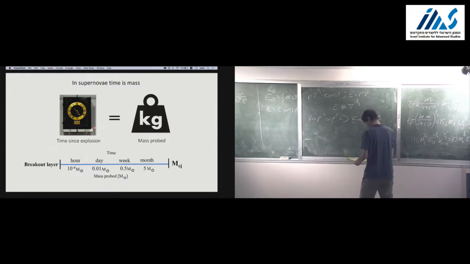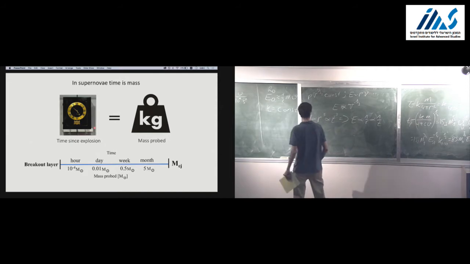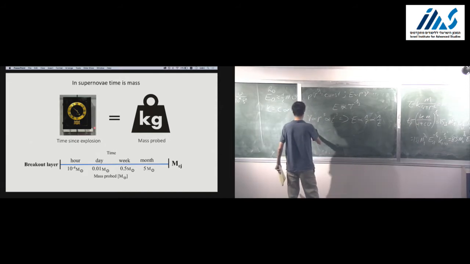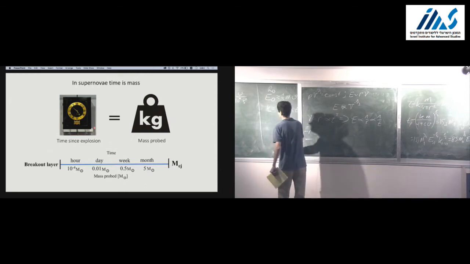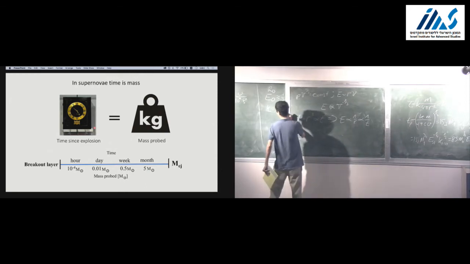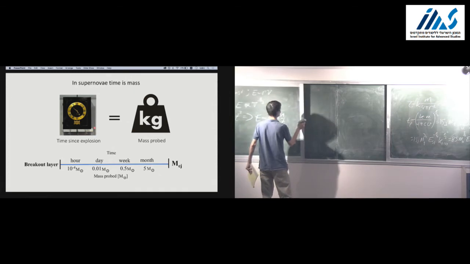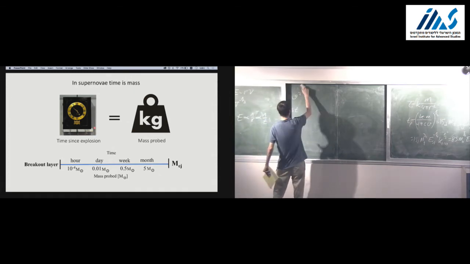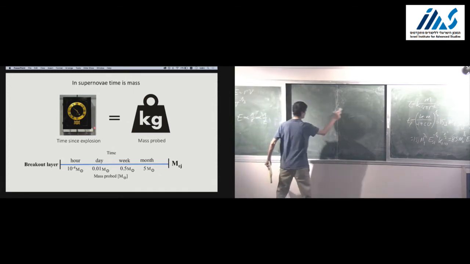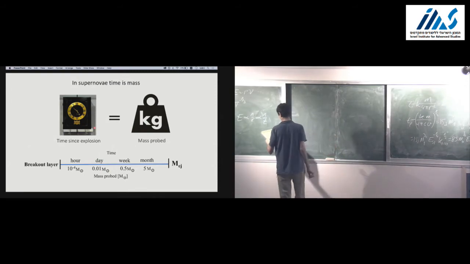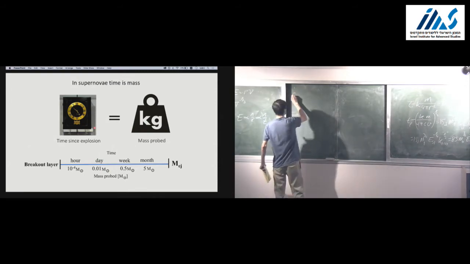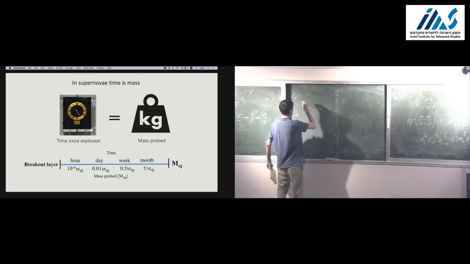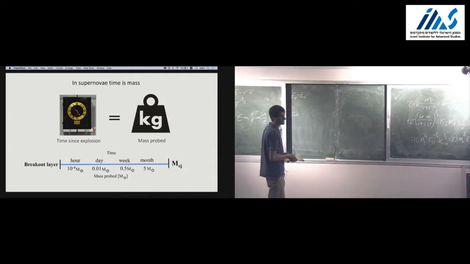And the energy radiated is the initial energy multiplied by the adiabatic losses.